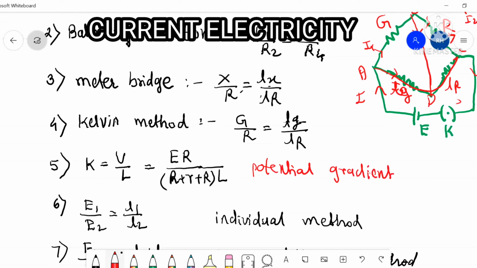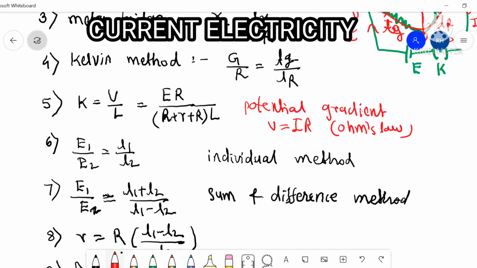And you know that V is equal to current into resistance, so we can apply Ohm's law here. Instead of V, I use the current into resistance formula, and the I value is calculated from Ohm's law for the complete circuit, E upon R plus small r, where r is the internal resistance. Like that, you can also write the formula for it.